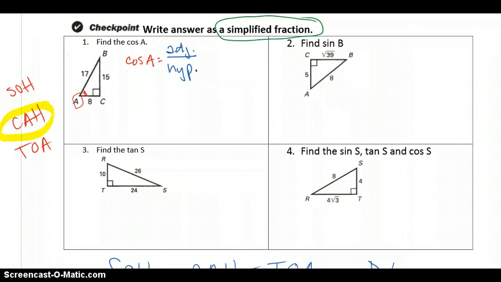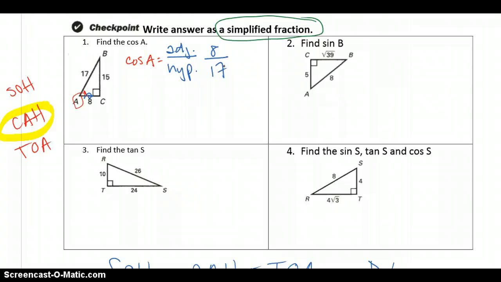What's the measure? It's 8. It's the one that's sharing a side with the angle and is not the hypotenuse. So we're going to do 8 over the length of our hypotenuse, which is 17. If I knew the measure of angle A and plugged in cosine of whatever that angle was, it should give me the ratio that's equal to 8 over 17. That's what this means.